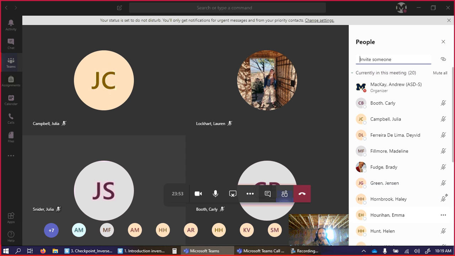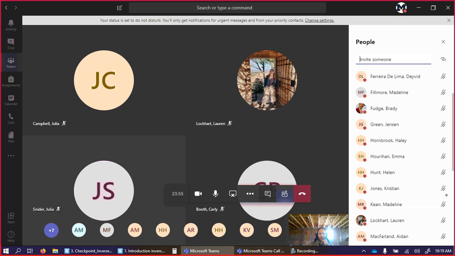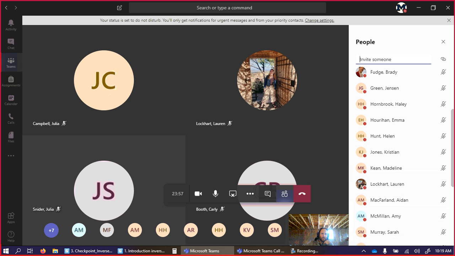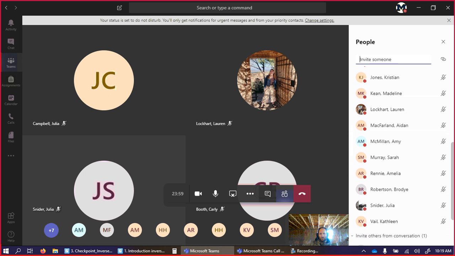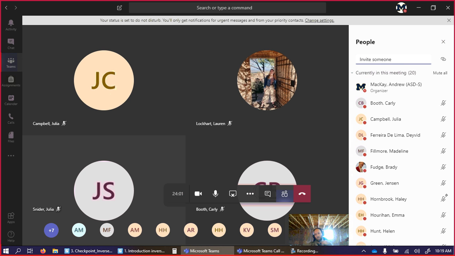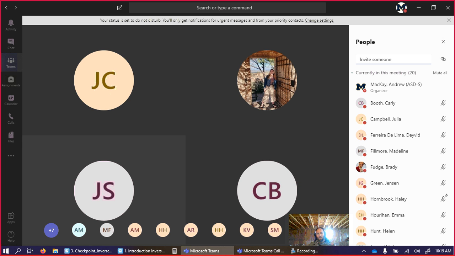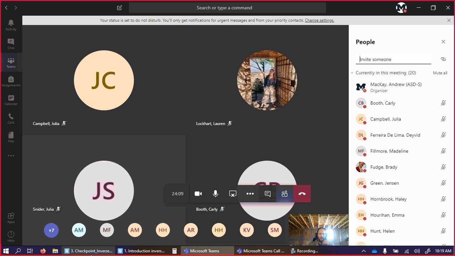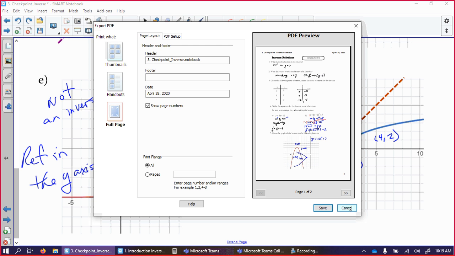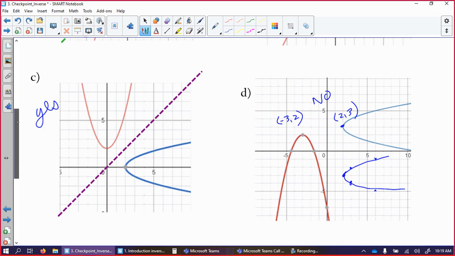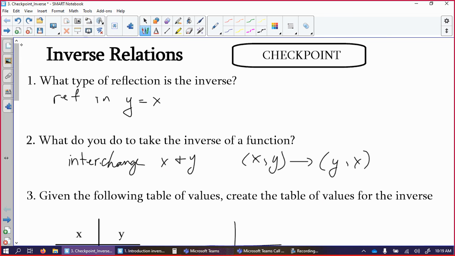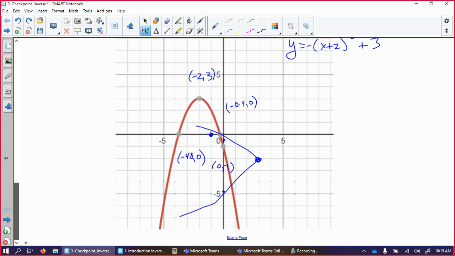Inverses, I guess, are kind of quick and dirty, and not a whole lot to them. There are other things we can do, which we'll talk about when we do logarithms. We can talk about domains and ranges. But we said if the x and y switch, the domain, I guess I can quickly show it.